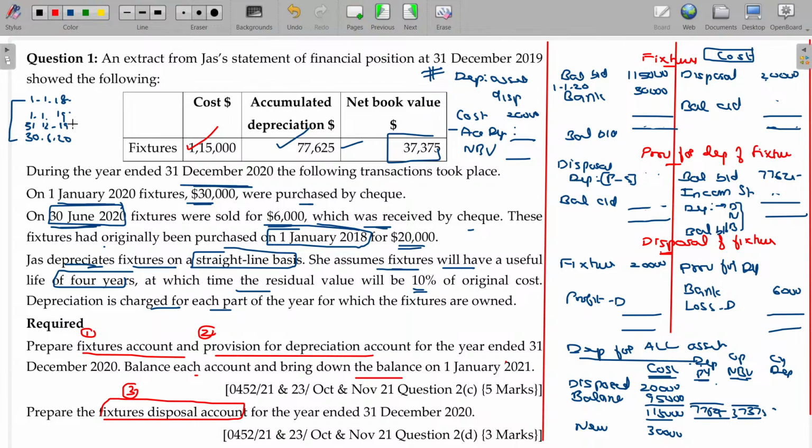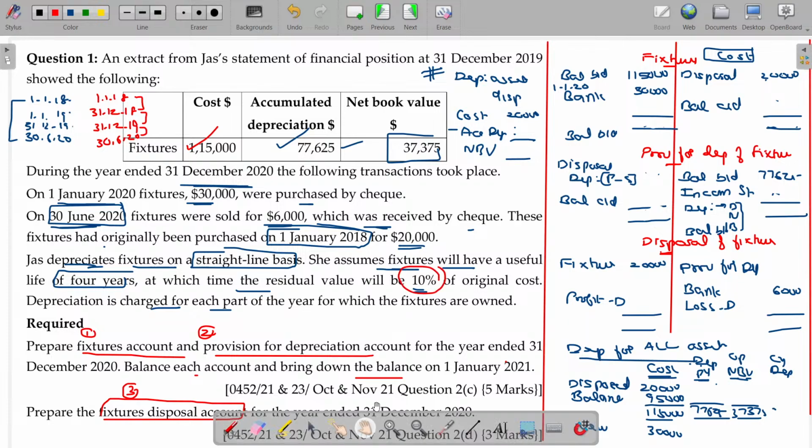From 1st January 18 to 31st December 18, 31st December 19, and 2020: 1 year, 2 year, half year, 2.5 years. So you have to find out the 2.5 years depreciation on this asset. The residual value being 10%.